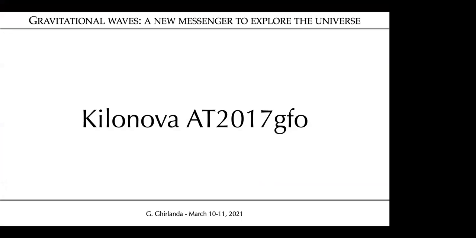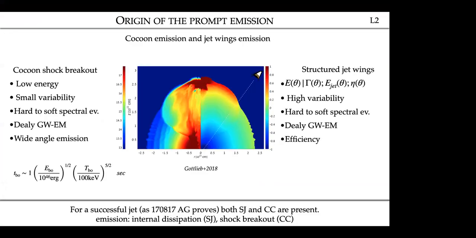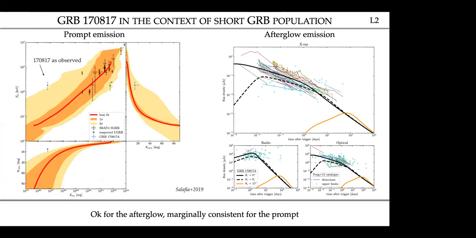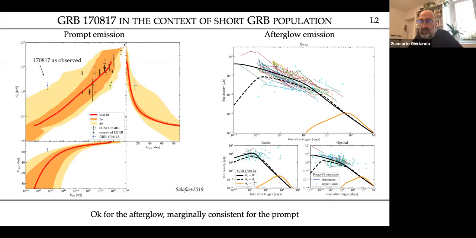Yes. So two slides before another one. Yes, this one. Sorry, I was confused, so I couldn't follow exactly what you were saying. So what do you mean in the left plot by 1708-17 as observed? I mean the properties of 1708-17 observed at the off-axis angle of about 20 degrees.